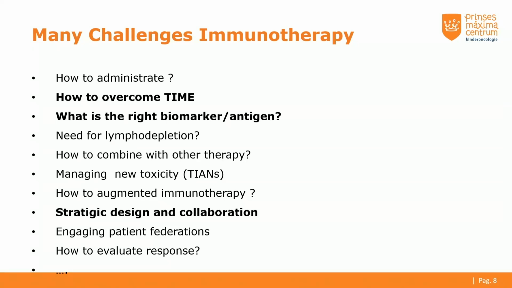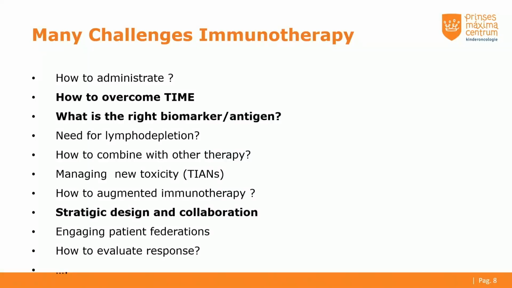How do we combine with other therapies, and there's also new toxicity arising. How do we manage that? How can we augment immunotherapy, because we can modify all those different compounds very efficiently, and what's a good way to modify this? And one which I think is very important: how do we strategically work together and have smart designs to really learn, and not get stuck in small phase 1 trials and then not move forward?